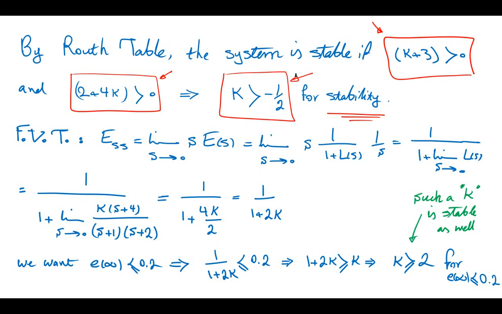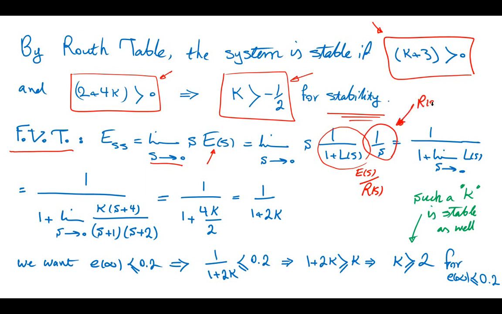Now we proceed to the final value theorem, FVT, which says that ess equals the limit of s going to 0 of s multiplied by E of s. But E of s is the transfer function E of s over R of s, which is 1 over 1 plus L of s, multiplied by the input.